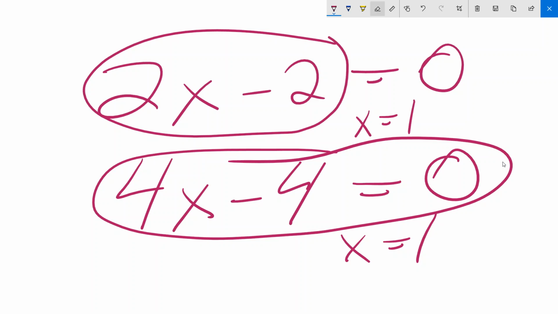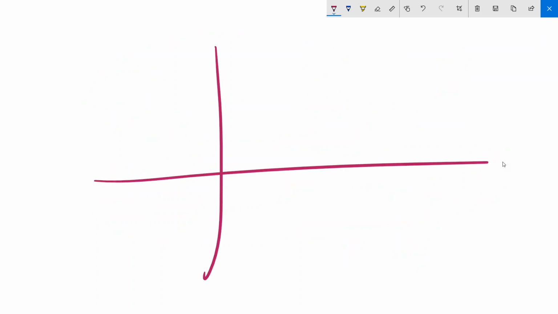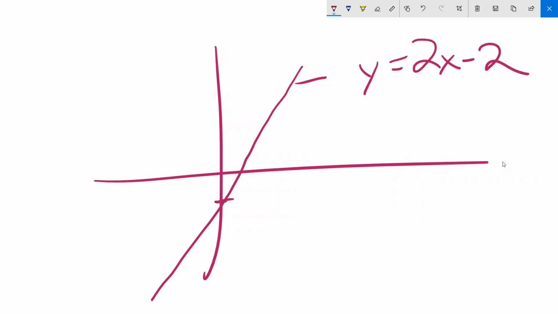Here's the thing. If you graph one of those equations, the first one was y equal 2x minus 2. The second equation was 4x minus 4. Well, it's not the same equation.